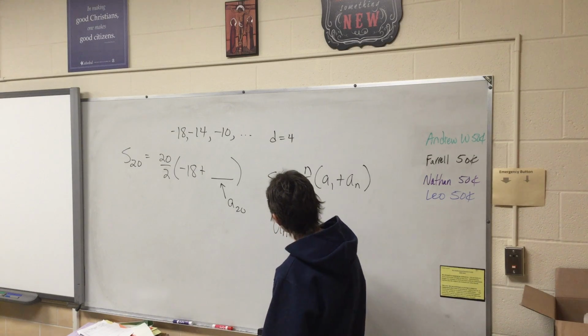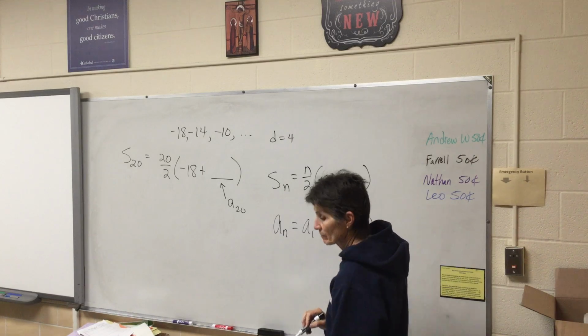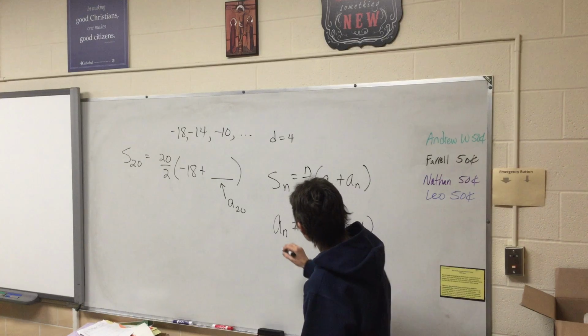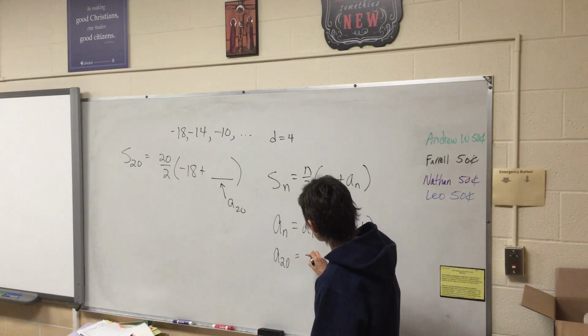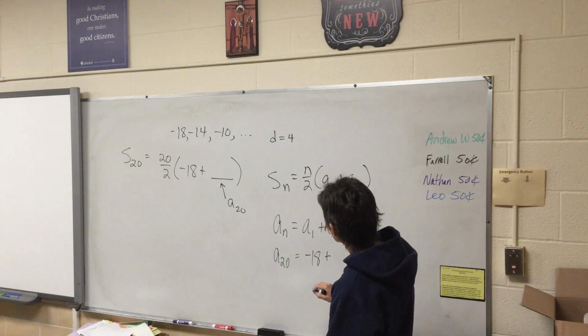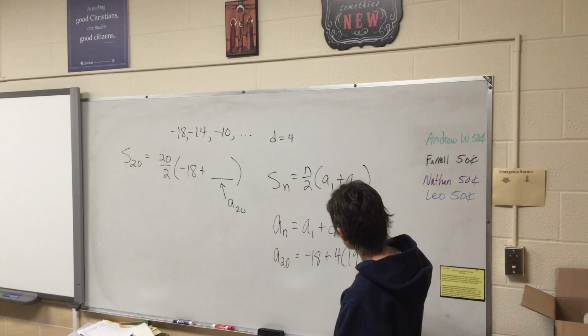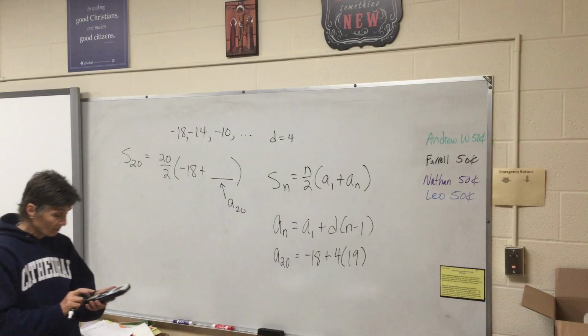Well, I'll use my other formula, right? So A sub 20 is my first term plus my common difference times 19. 20 minus 1 is 19. So I can figure out what that is with my calculator.